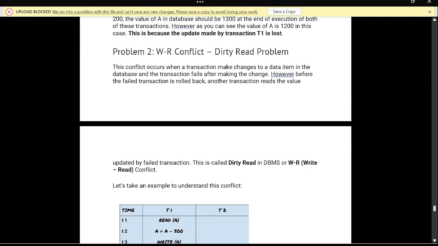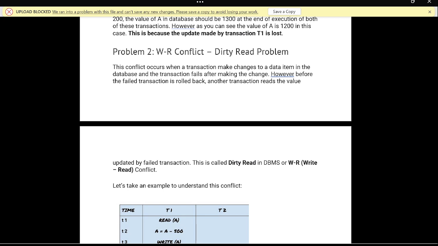Generally, if you don't have concurrency control, the second most common problem is the dirty read problem. The dirty read problem is also called WR conflict. What is this? In the very starting classes we saw memory, no? Whenever we store data inside memory, we have a problem called dirty read, dirty data.